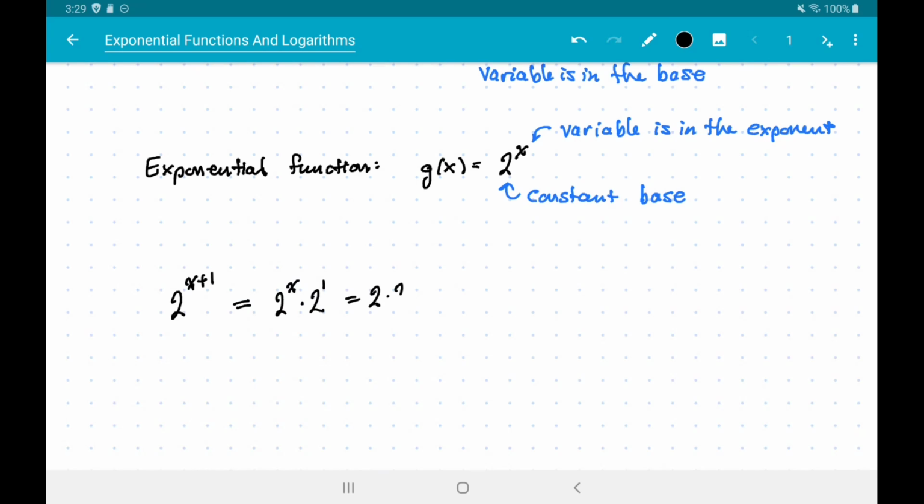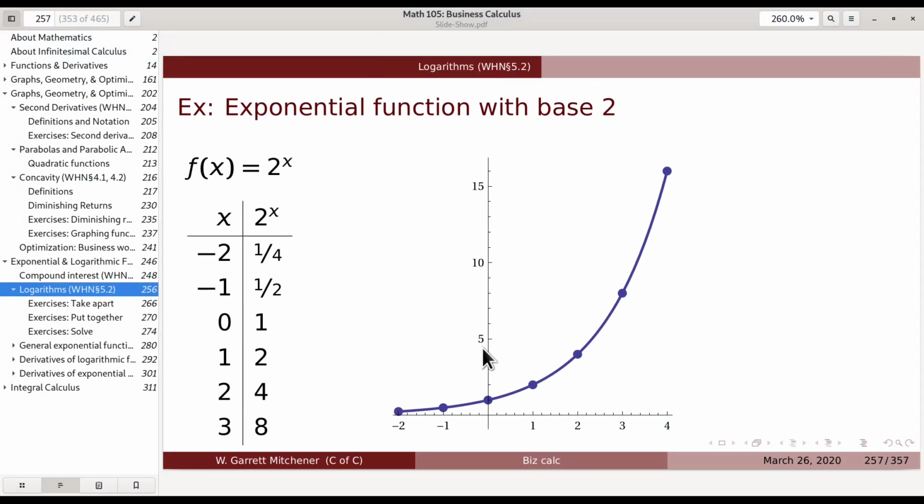So that's 2 times 2 to the x. That means that if you add 1 to a particular x value, the y value doubles.